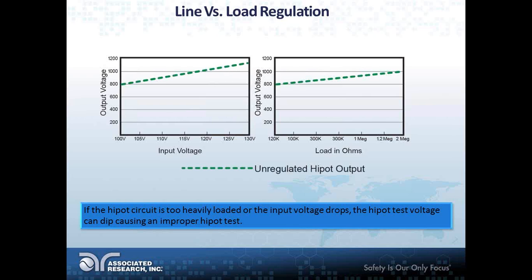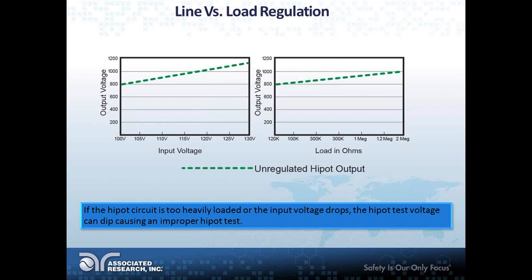There are some Hipot testers out there with an unregulated Hipot output, meaning that if the input voltage to the Hipot tester varies or changes, the tester should be able to maintain the output voltage. This means it should be a regulated output.